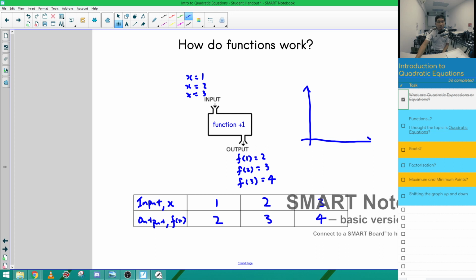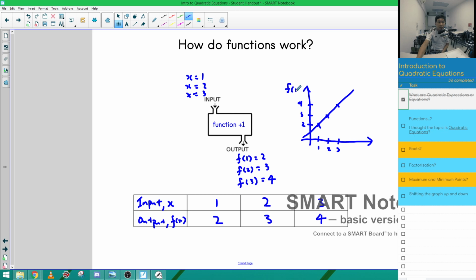So if I were to plot the points on this graph, say when x equals 1, y equals 2, here's 1, so here's 2, right? Here's 1 point. And then when x equals 2, y equals 3, you get another point. x equals 3, y equals 4. Here's another point. And then if you plot this, you realize that, hey, you get a straight line graph, right?